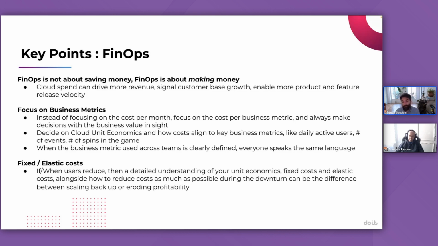The second thing is to focus on business metrics. We are looking at costs not only as monetary costs, but as a business metric. So we want to tie it back to things that are relevant for your organization, like active users, new signups. Of course, that depends on which type of industry and which type of product you're building.